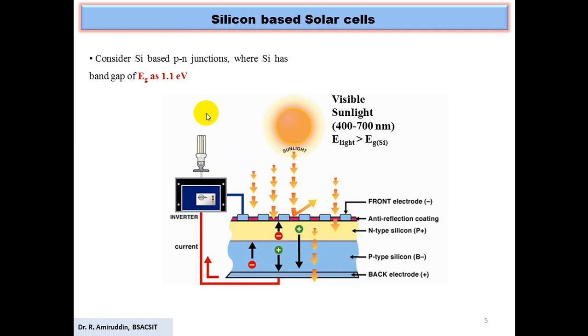Since silicon has a band gap of 1.1 electron volt, the device has a tendency to absorb all the incident visible light from the electromagnetic spectrum, because the energy of the light is higher than the band gap of silicon, that is 1.1 electron volt. So this PN junction using silicon absorbs all the visible radiation from the sunlight.